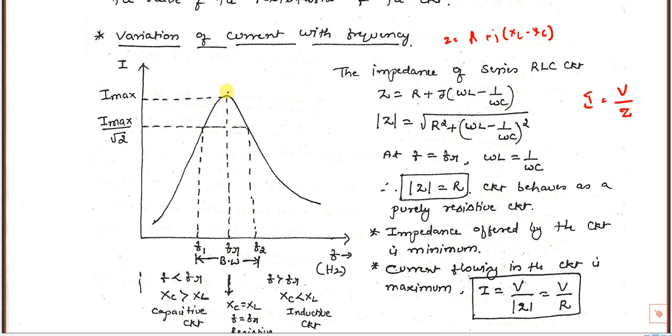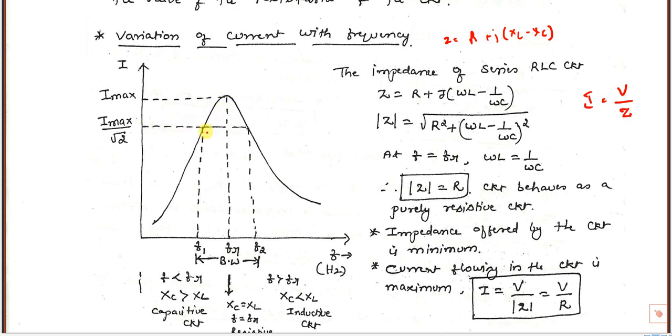Current will be maximum when circuit impedance is only R. If any reactance is there, we are dividing by an increased denominator, because Z is R plus this term also. So current decreases. Current is maximum when Z is equal to R only.